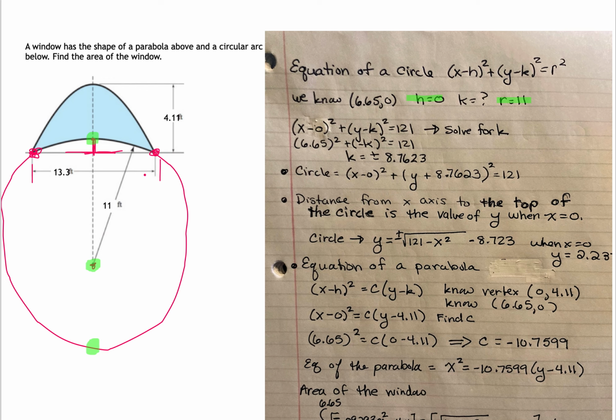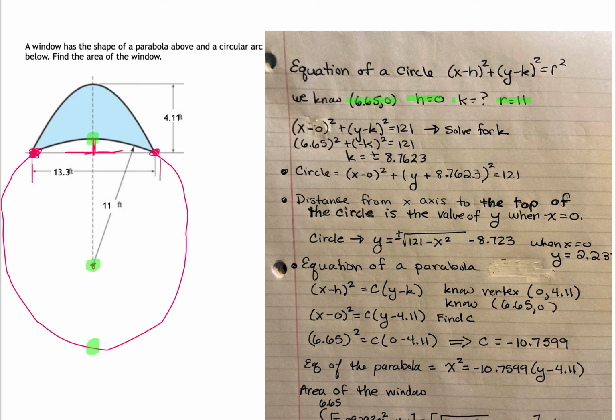Because of symmetry, if I divide that in 2, it will help me figure out what these two points are. So when I take 13.3 and divide it by 2, I know that this point on the right is (6.65, 0), and this point over here on the left is (negative 6.65, 0). I labeled that here.